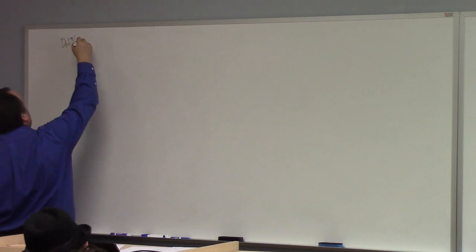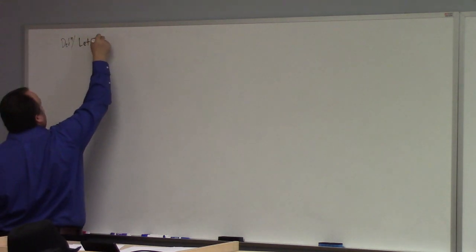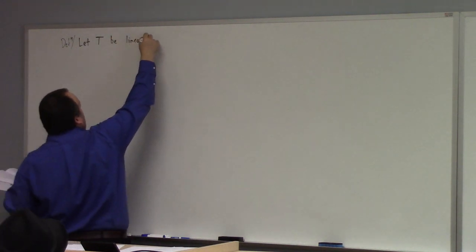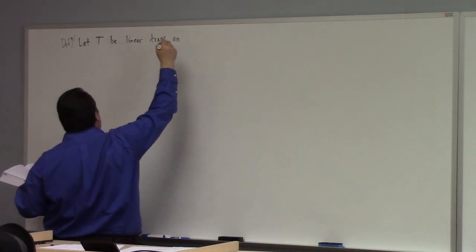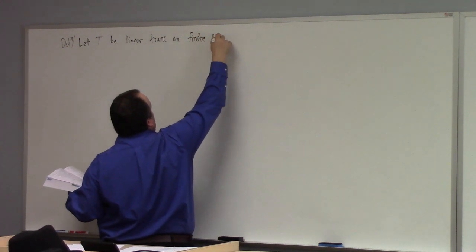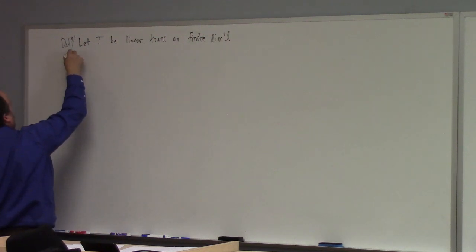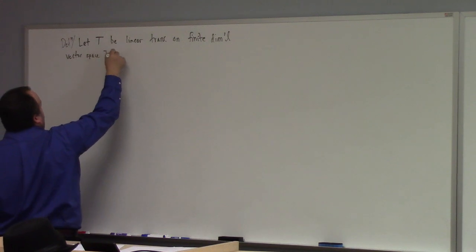Definition: let T be a linear transformation on a finite dimensional vector space V over F, all right?